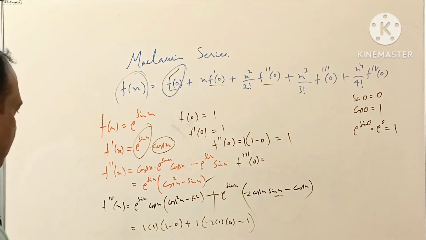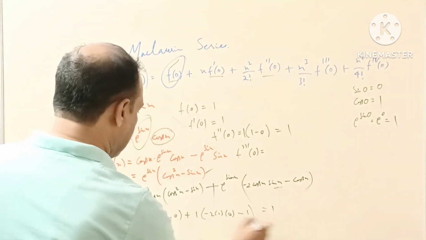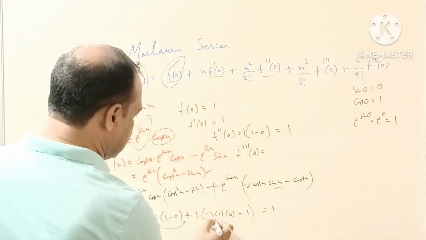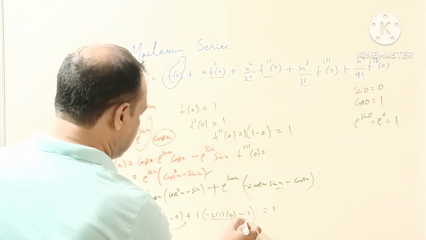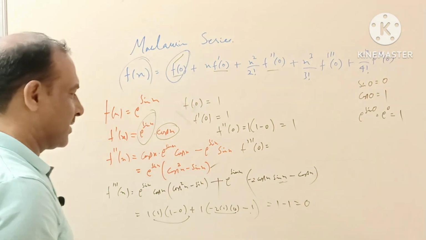Now what you can do here is, you can simply say this is 1, 1, 1, you will be having 1 for this whole part, and for this part this is 0, and minus 1, this is minus 1, this is 1, minus 1, again this is 0, okay. Now here it is 0.